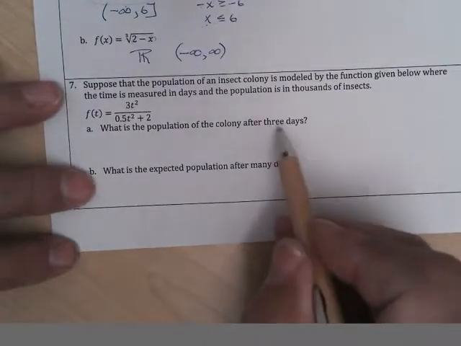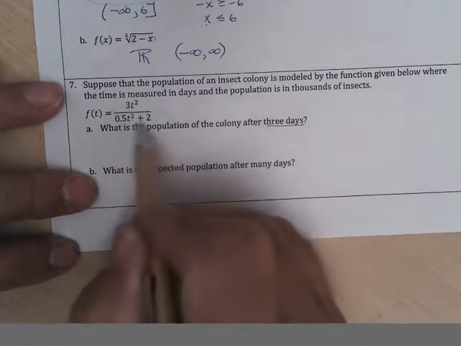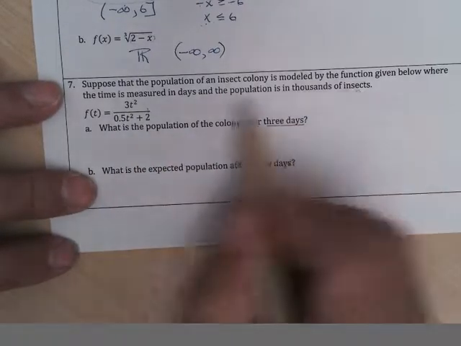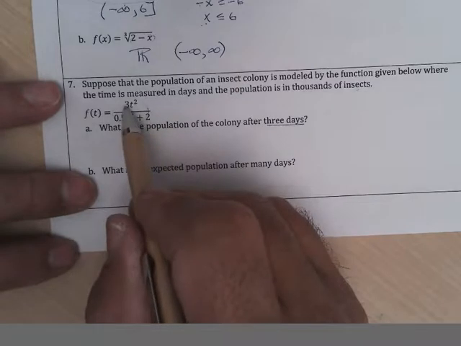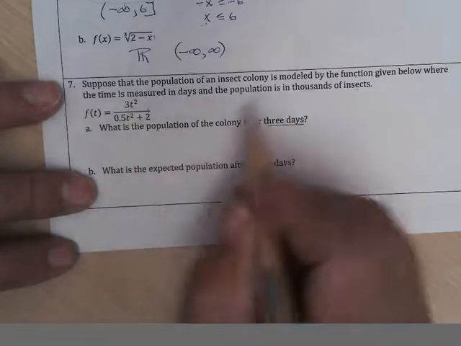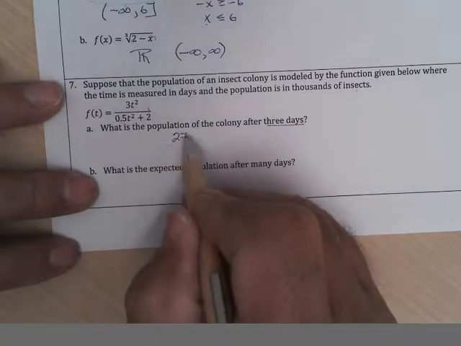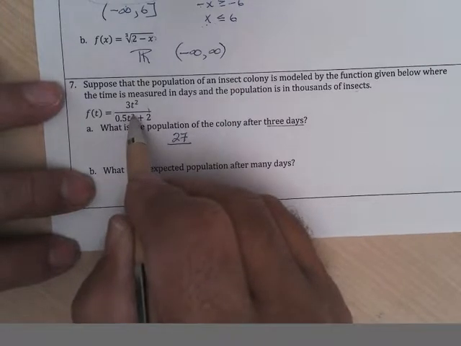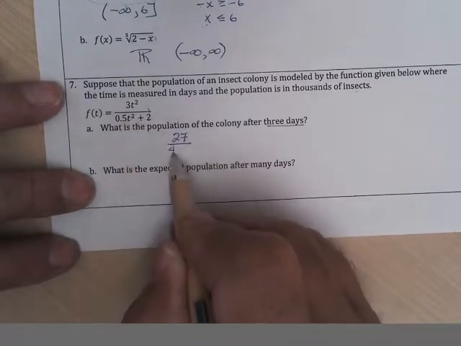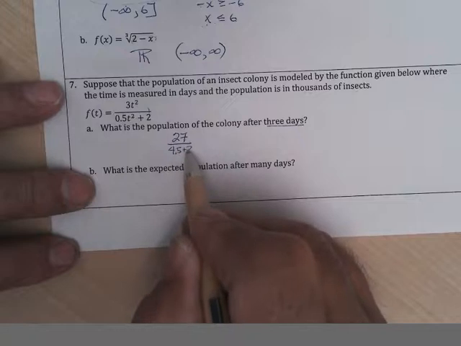On this one, after 3 days, this is predicting the population in thousands of insects, so we got to put in 3. So we got 3 times 3 times 3, which is 27, divided by 3 squared is 9. Half of 9 is 4.5 plus 2.